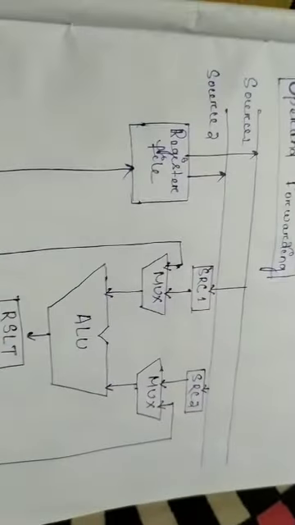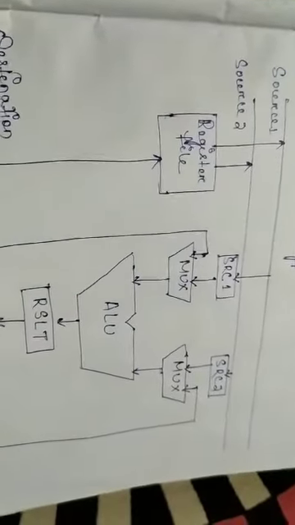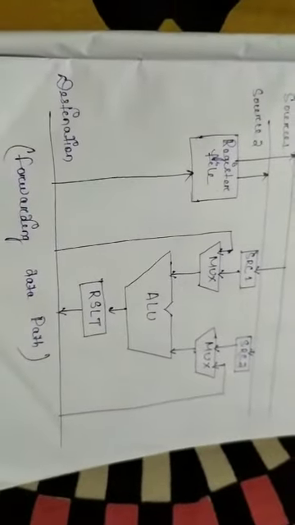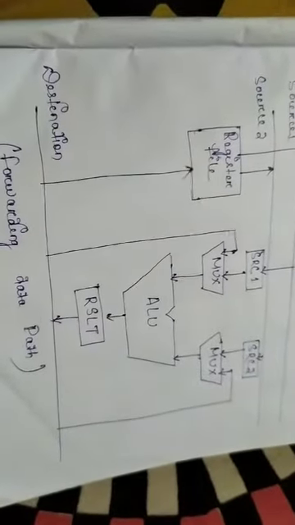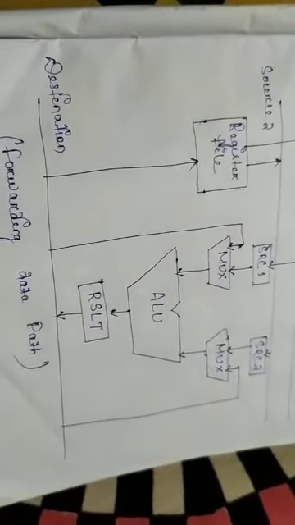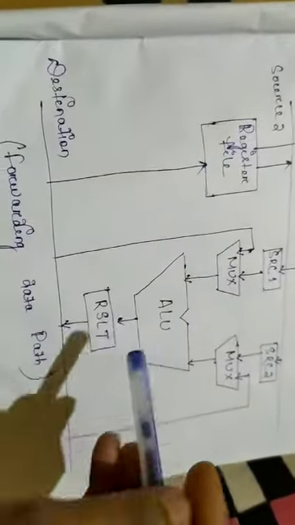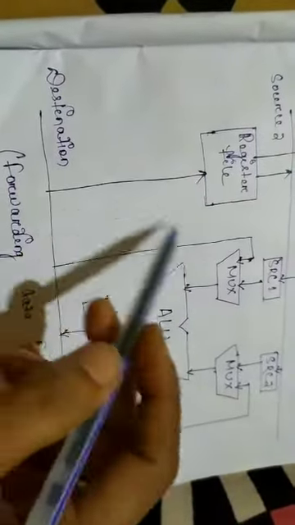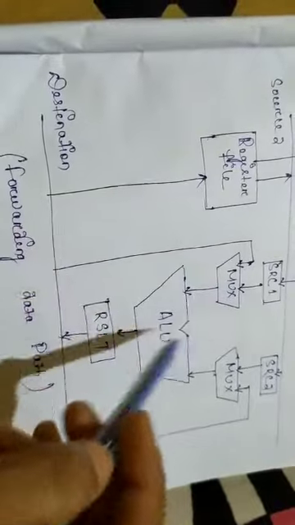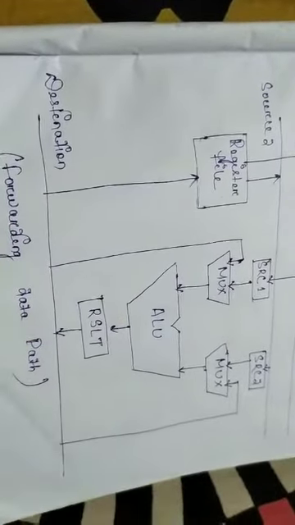Let's see how. This is the forwarding data path diagram. It shows a part of the processor data path involving the ALU and the register files.